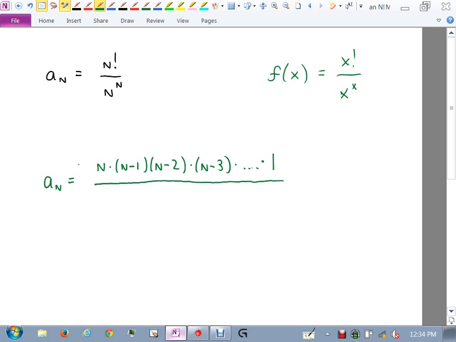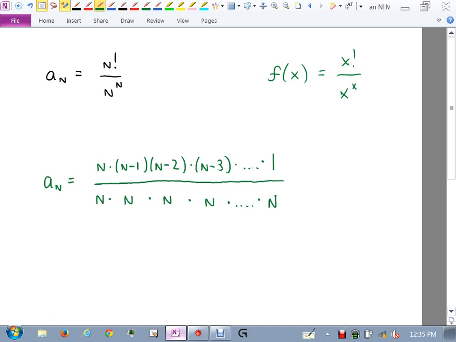What is n to the n? That would be n times n times n times n, and you keep doing this all the way till you get down to the last one, which would still be n, right? And how many of them would you have? N of them, right? That's what n to the n means, repeated multiplication.